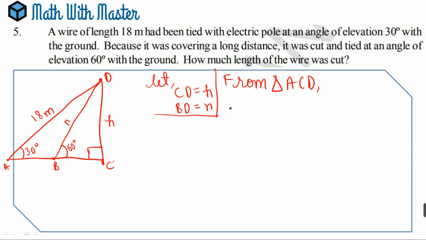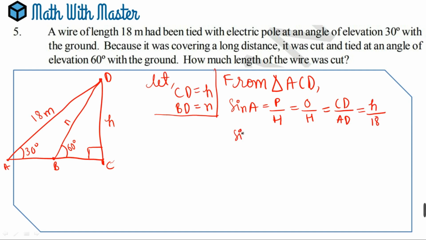It is sine theta. So sine A is equal to perpendicular upon hypotenuse, which is also equal to opposite upon hypotenuse, which is equal to CD upon AD. Our CD is H and AD is 18 meters.